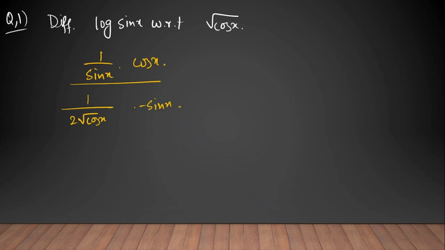The derivative of root under x will be 1 by 2 root x. So we write over here 1 by 2 root cos x, and the derivative of cos x equals minus sin x. This is the answer of the question.